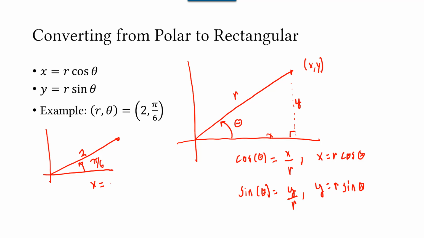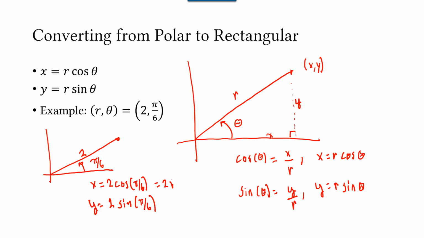We can convert to rectangular by taking 2 times the cosine of pi over 6 for my x, and 2 times the sine of pi over 6 for my y.